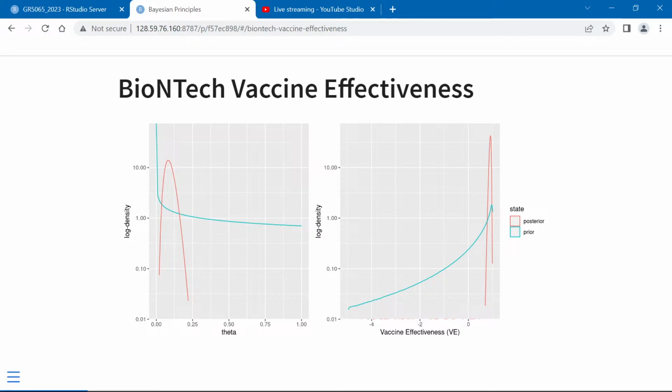But that's not the question the FDA asks, for whatever reasons. The way they do it here allows them to characterize vaccine effectiveness relative to an unvaccinated person. So irrespective of the probability of getting COVID, which obviously in 2020 was quite high, we're able to say, okay, people who are vaccinated are half as likely to get COVID as people who are unvaccinated or something like that.